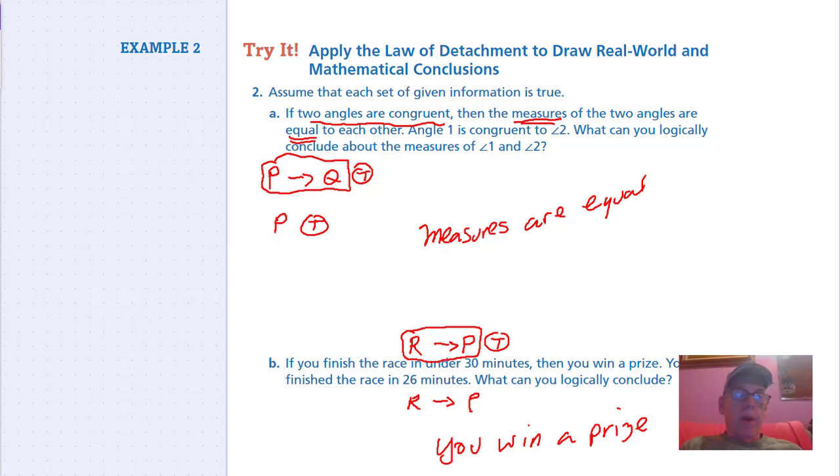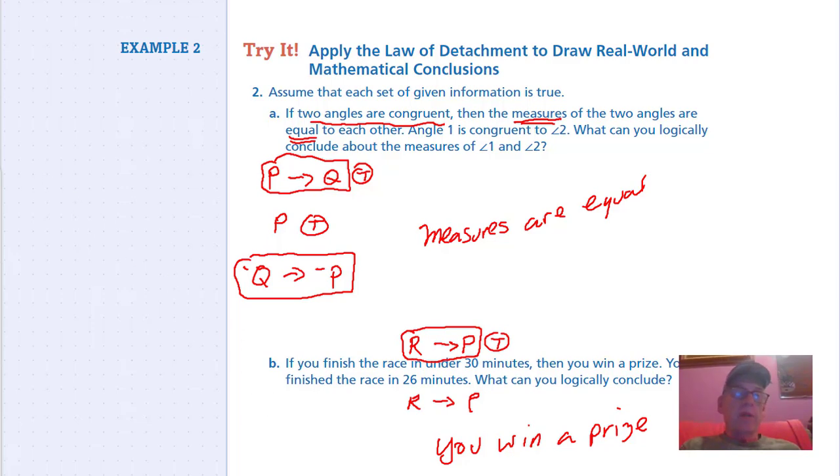Back in the last section, we saw that the contrapositive had to match the truth value of the original conditional statement. So if P then Q is true, then if not Q, then not P also has to be true.